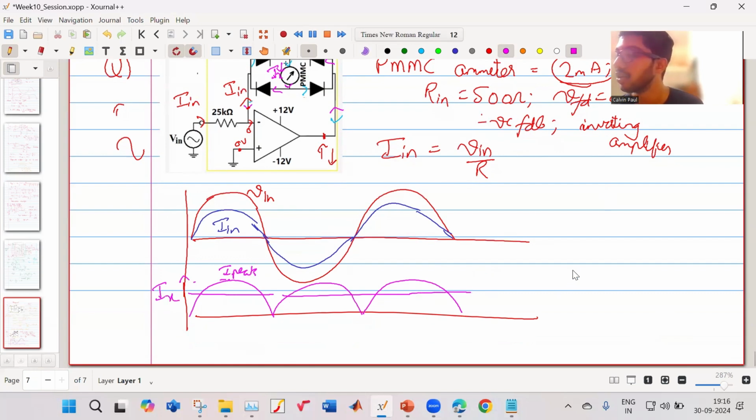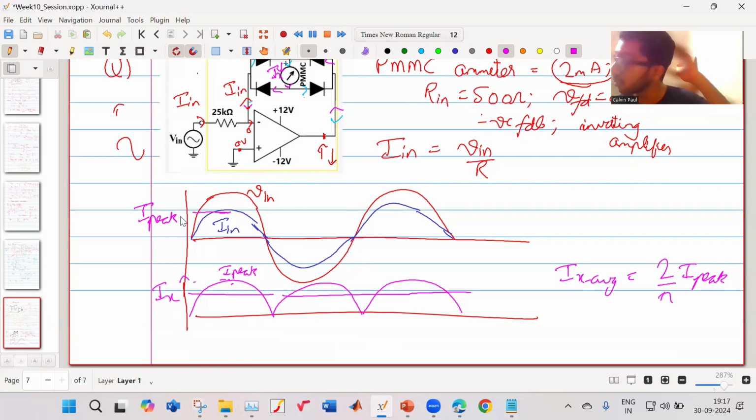So your Ix average will be 2 upon pi into I peak. Now, this current I in is the same over here, so this is also I peak.